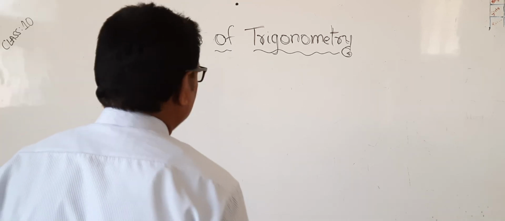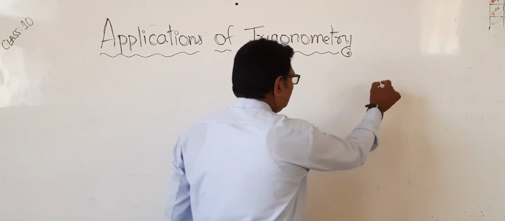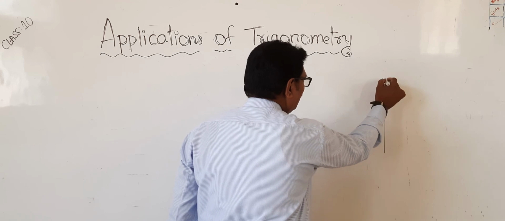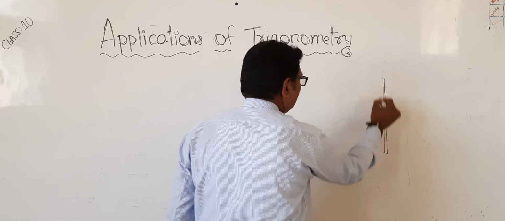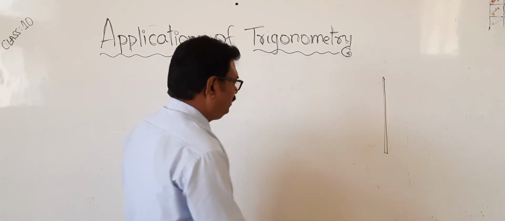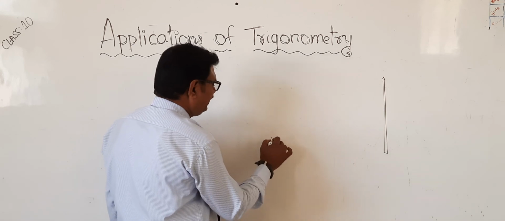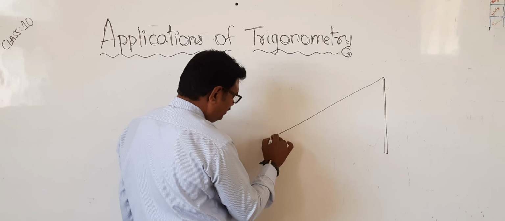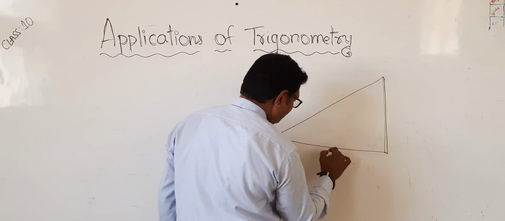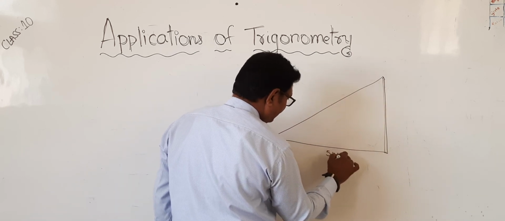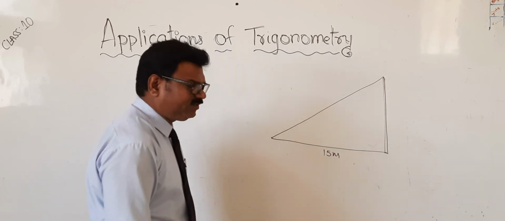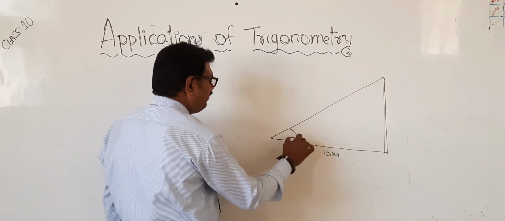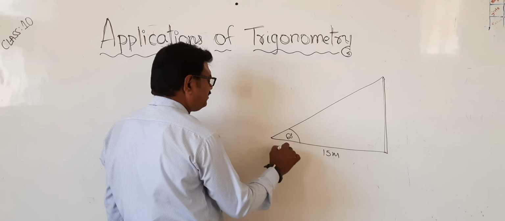For the example you will see, here is a vertical pole. A person is seeing the tip of the pole from a distance of 15 meters with an angle of elevation of 60 degrees.